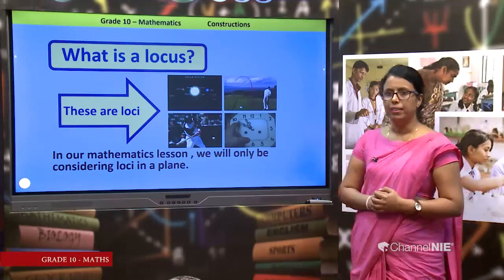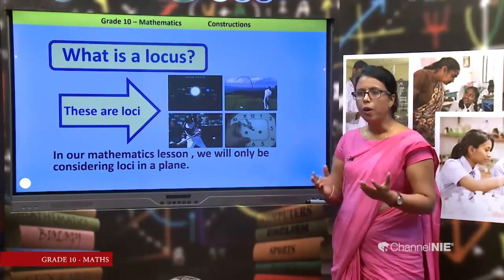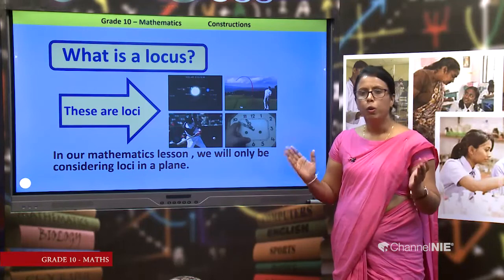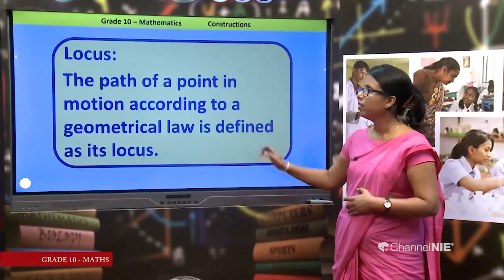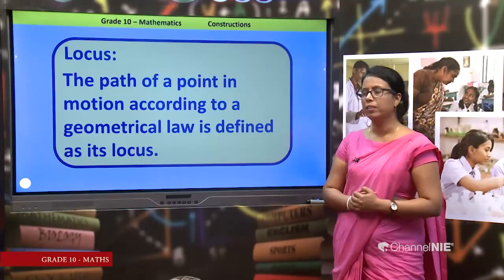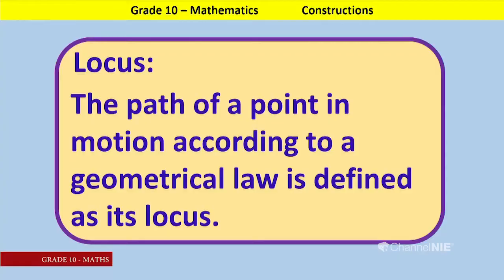In mathematics lesson, we will only consider loci in plane figures. Let's define locus. The path of a point in motion according to a geometrical law is defined as locus.